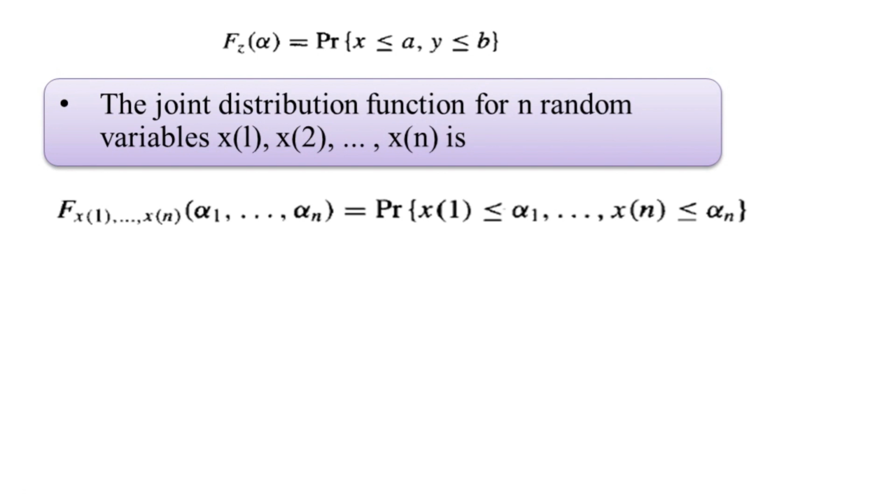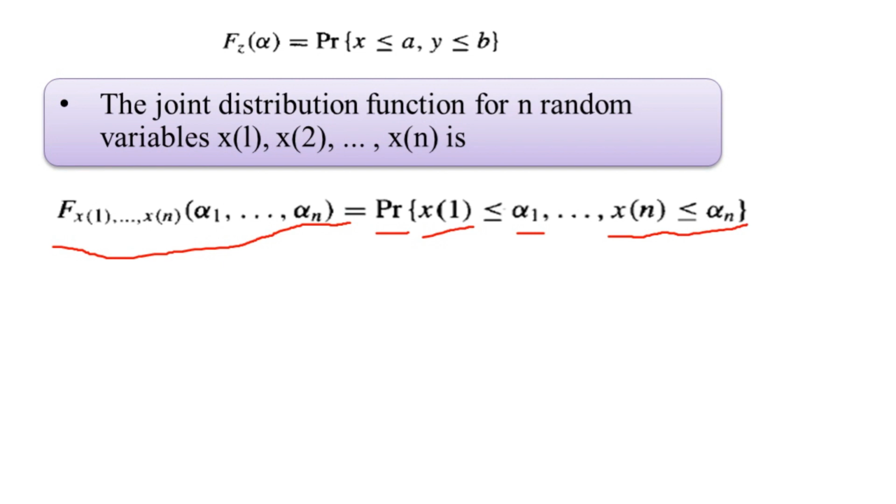In this formulation, let us focus on the left hand side. Here capital F suffix x1, x2, x3, up to xn, as a function of alpha 1, alpha 2, alpha 3, up to alpha n, can be calculated by the probability of the conditions x1 less than or equal to alpha 1, x2 less than or equal to alpha 2, x3 less than or equal to alpha 3, in this way up to xn less than or equal to alpha n.